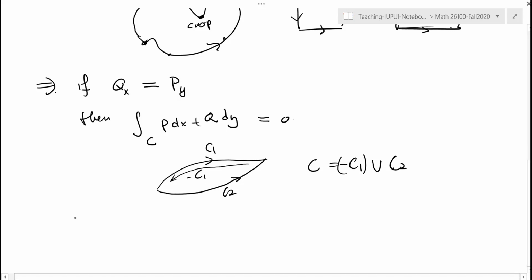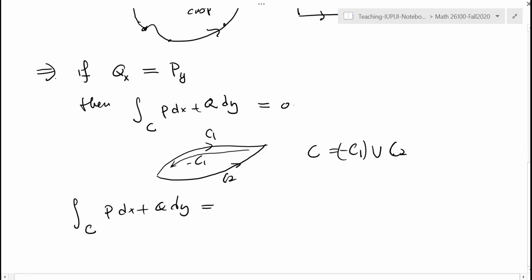Then the integral over C of p dx plus q dy is going to be 0, right? According to Green's theorem.